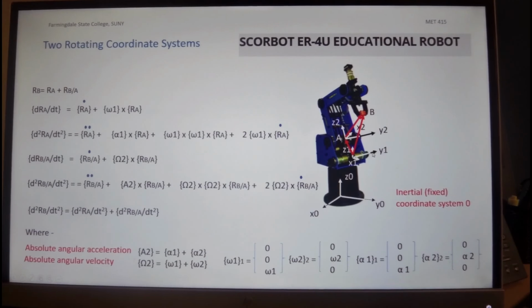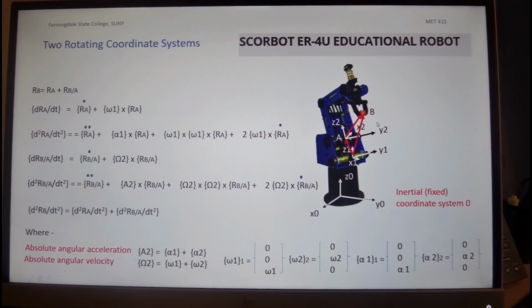Now, x1 is rotated with respect to x0 by an angle theta, which is the yaw, and x2 is rotated with respect to x1 by another angle, which is theta 2, and that will be the pitch.